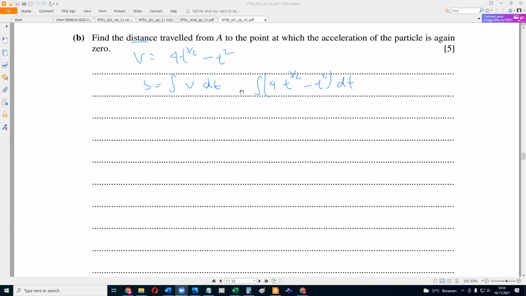Okay. How do we calculate the integration? That's going to be 4 over (3/2 plus 1) t to the power of (3/2 plus 1), minus 1 over (2 plus 1) t to the power of (2 plus 1), plus c. That's going to be the formula for the distance. So 4 divided by 5/2.